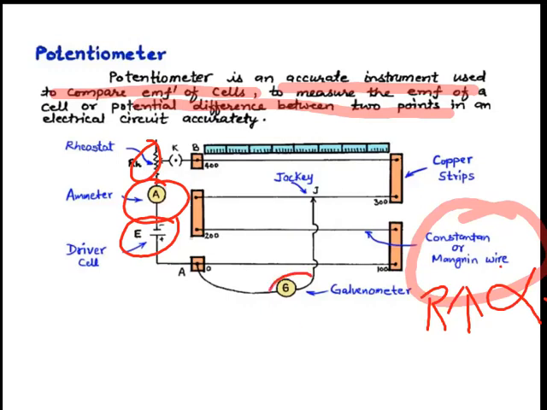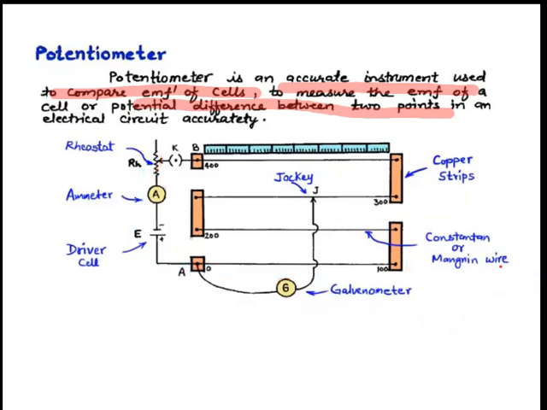Then here you can see a galvanometer is connected. This galvanometer will indicate whether the current is flowing in the circuit or not. Galvanometer is something like this.